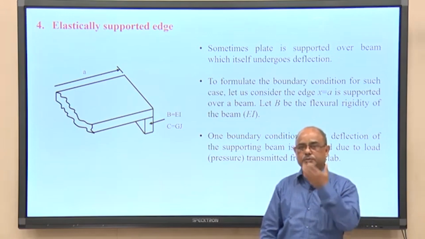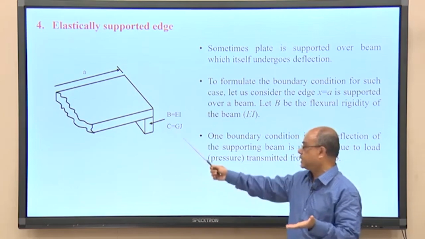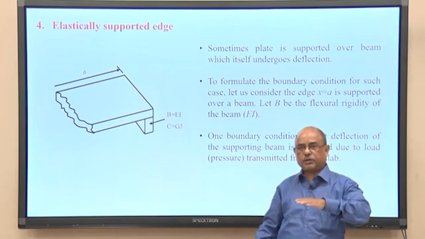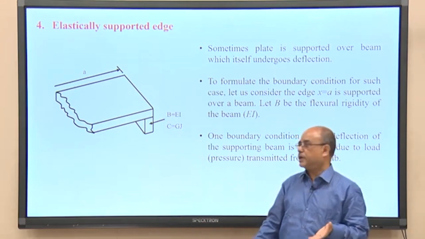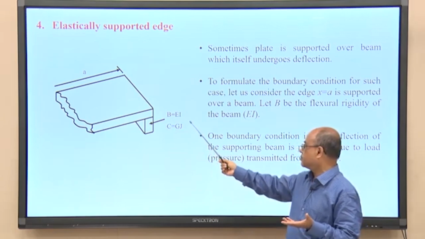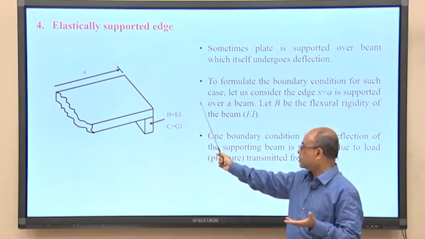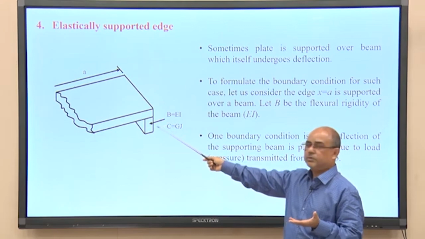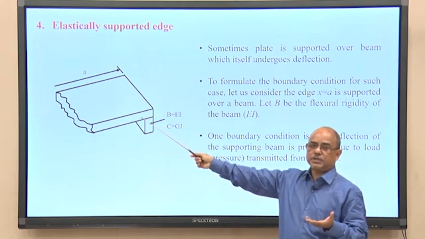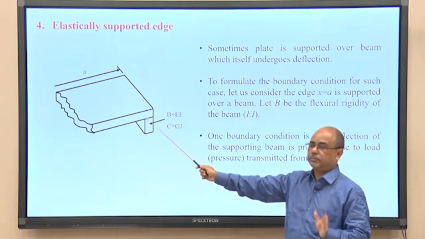Again, two different types of metal can also be used when a metallic plate is resting on another metallic support. So, the modulus of elasticity of the beam is not necessarily the same as that of the plate. You should remember that.